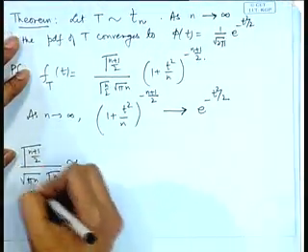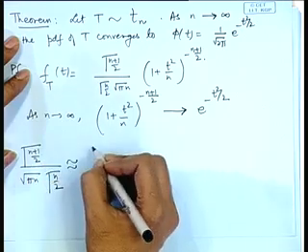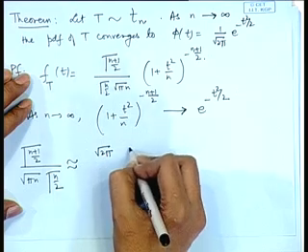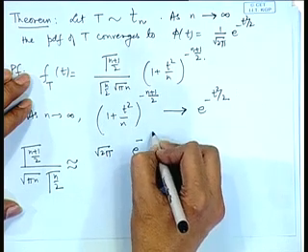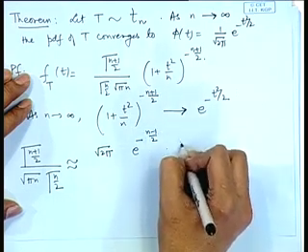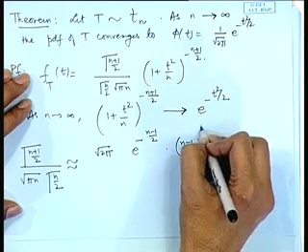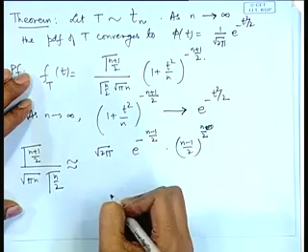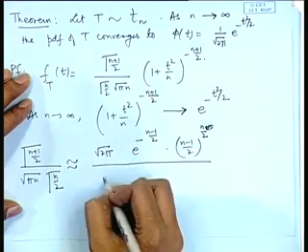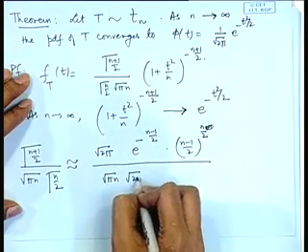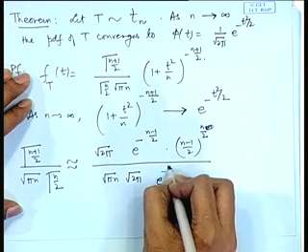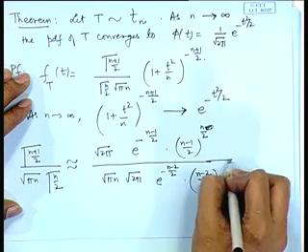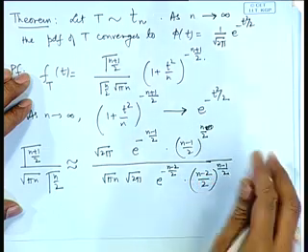So, if I am saying n is large, then I can represent these things as root 2 pi e to the power minus (n minus 1)/2, ((n minus 1)/2) to the power n by 2, and in the denominator you have root pi n root 2 pi e to the power minus (n minus 2)/2, ((n minus 2)/2) to the power (n minus 1)/2.